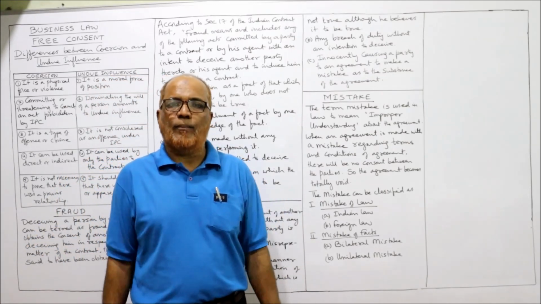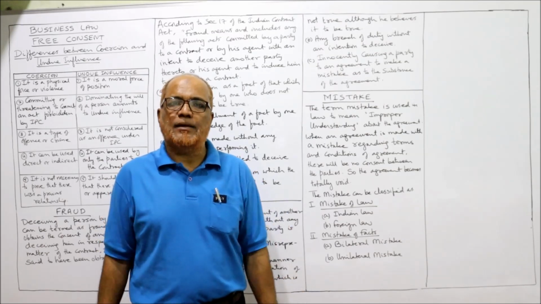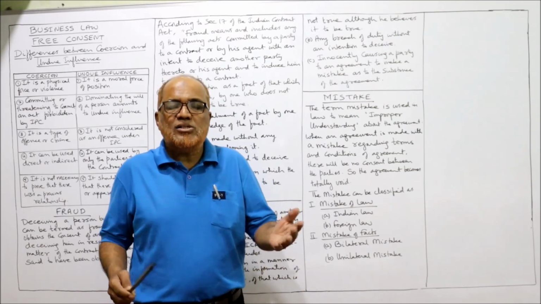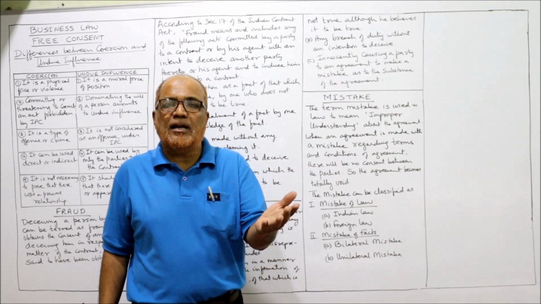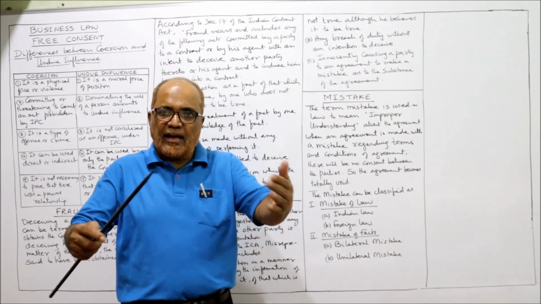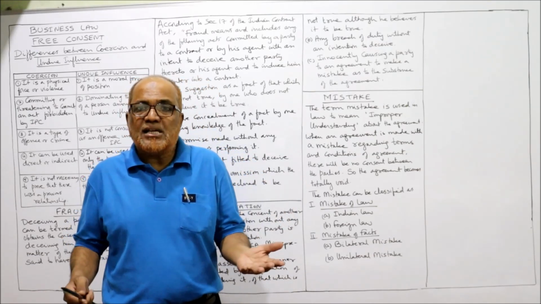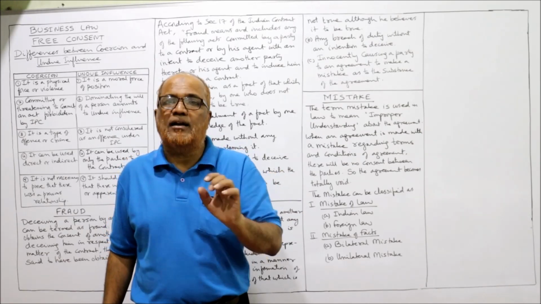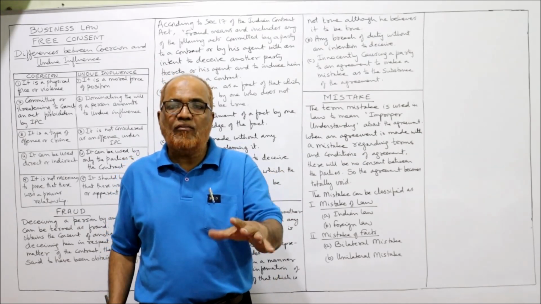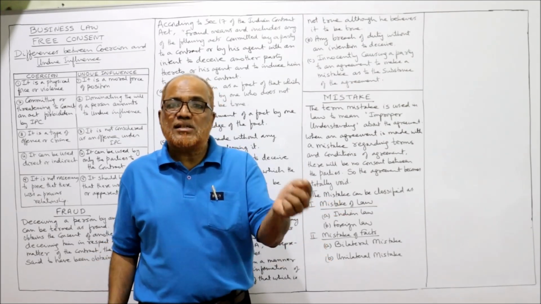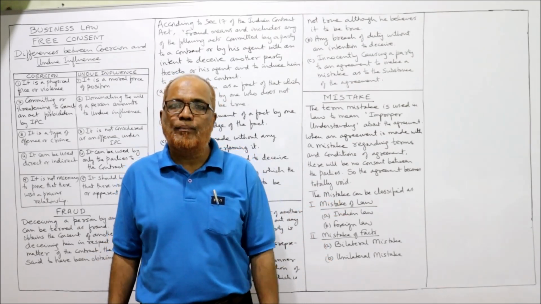Mistake of law, for example, a person entering into a contract with another person does not know about the terms and conditions and law of the Indian Contract Act. A person entering into a contract but doesn't know the law regarding contracts in our country. In our country, what are the rules and regulations about the contract? He doesn't know. So he is committing a mistake. This is called mistake of national law.